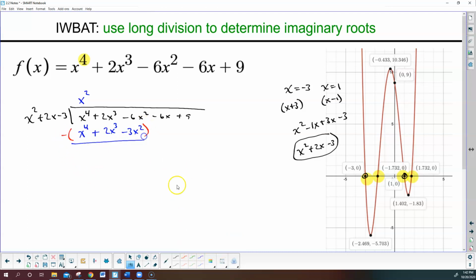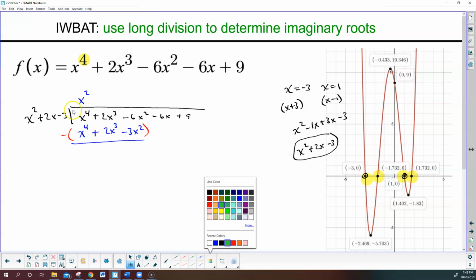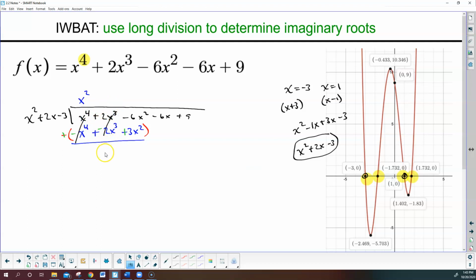And then I'm going to subtract the two trinomials, but I like to think of this as adding the opposite. So the fourths go away. Ooh, conveniently, so do the 2x to the thirds. And then what's left over is a negative 3x squared minus 6x plus 9. So we didn't use those, and they drop down.